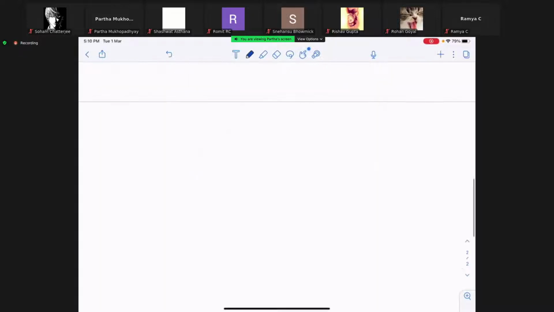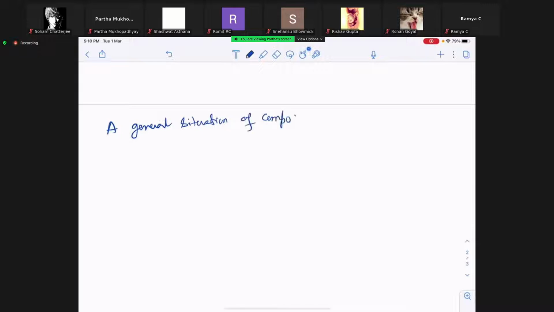Now let's look at a general scenario of composition. What do I mean by a general situation of composition? We want to highlight a few situations in combinatorics where you want to compute something really complicated, and you have to create a situation that looks like a composition of two different events.